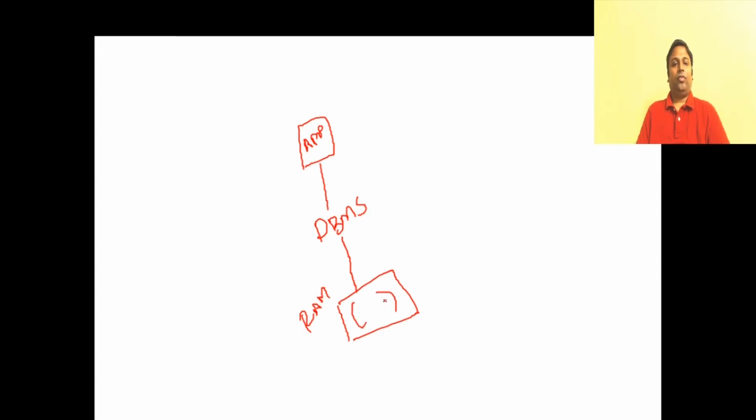You can also configure the system to achieve on-disk persistence. That is, the key value database can also occasionally write the data to the hard disk. You can configure it in such a way that the data here can be written to the hard disk. By that we achieve something called on-disk persistence.